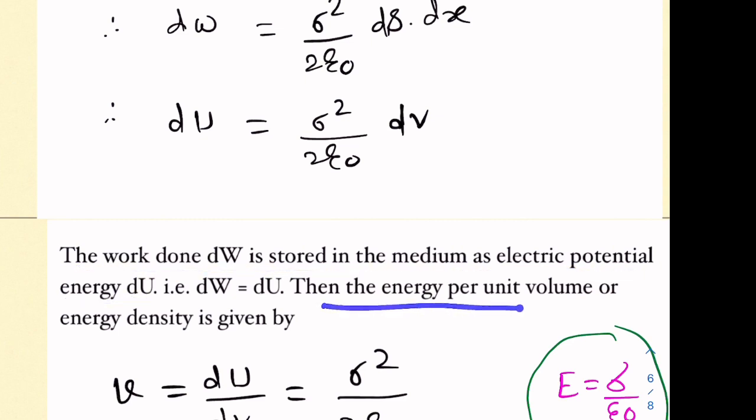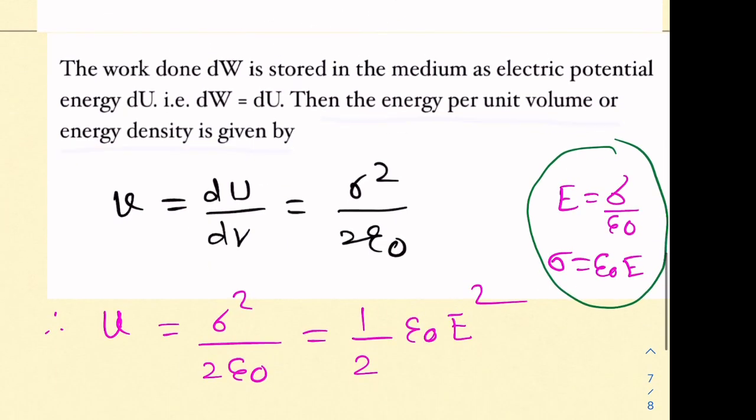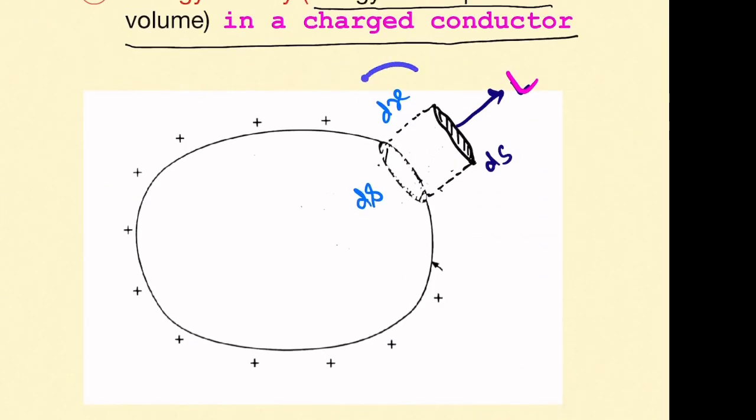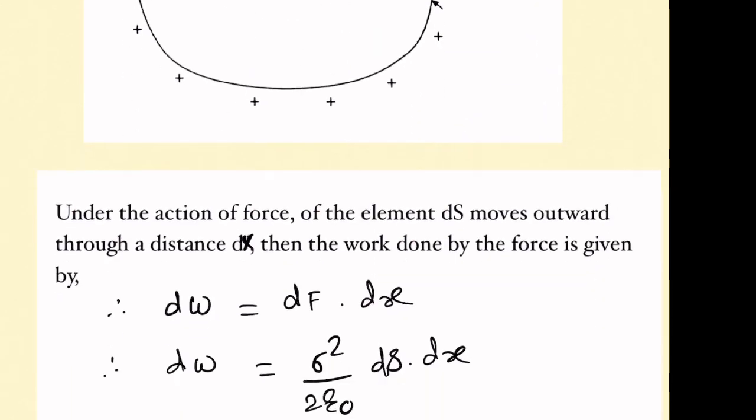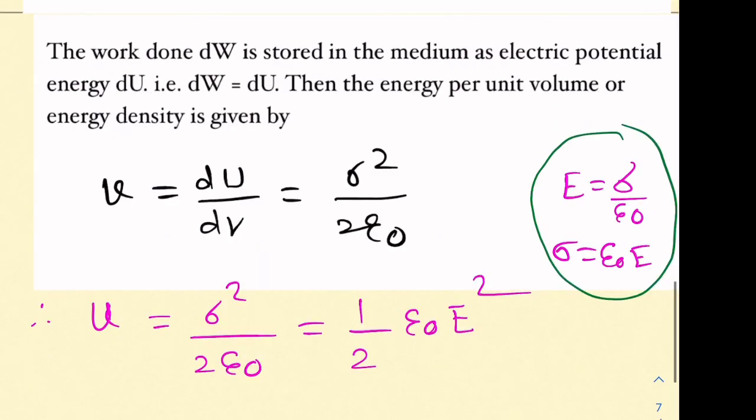Energy density is energy per unit volume. The volume of this small part is ds into dx equal to dv, area into length. Therefore, dU by dv, the dv cancels, and we get energy density as sigma square by 2 epsilon 0.